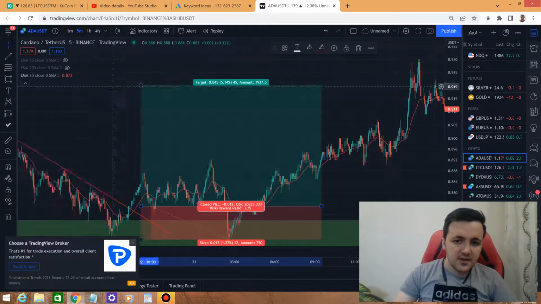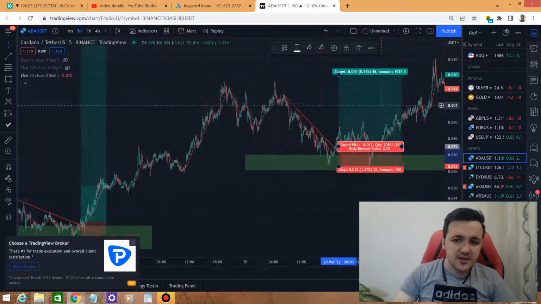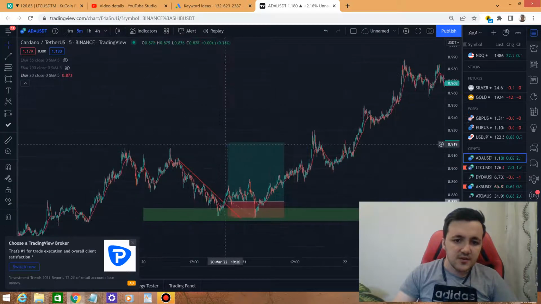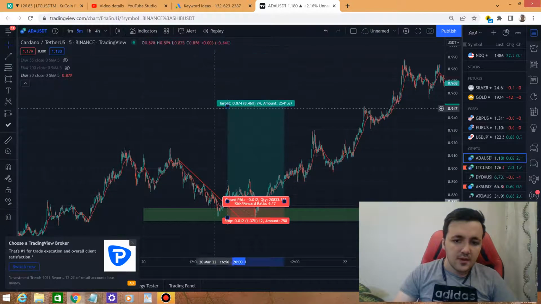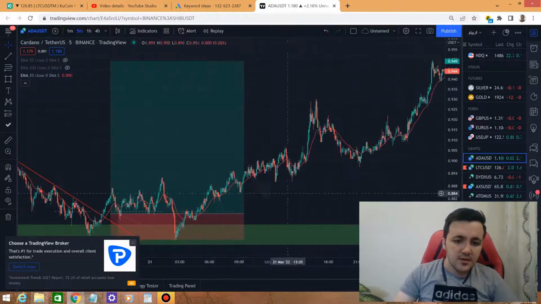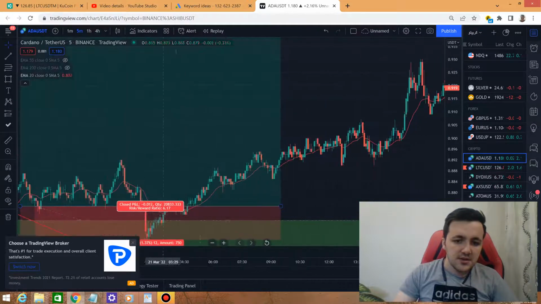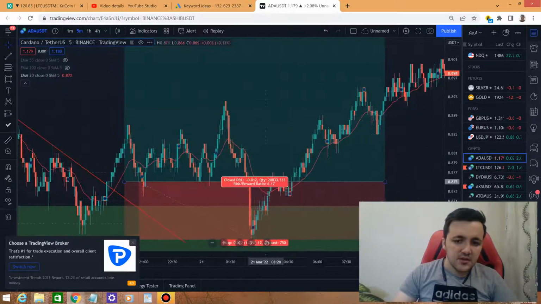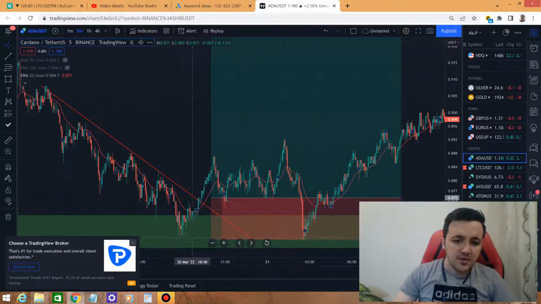This trade gives us a very excellent risk reward. Maybe in this candle your stop loss will be triggered, or maybe not, because we usually set the stop loss a little down from this candle, like here.